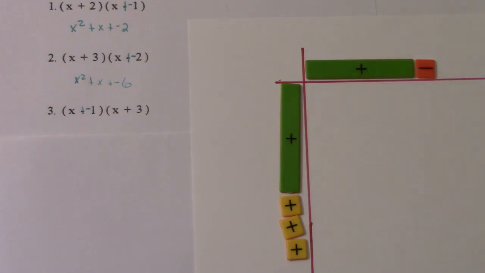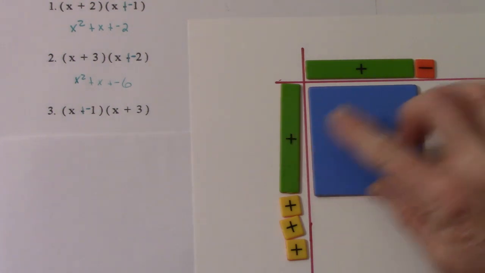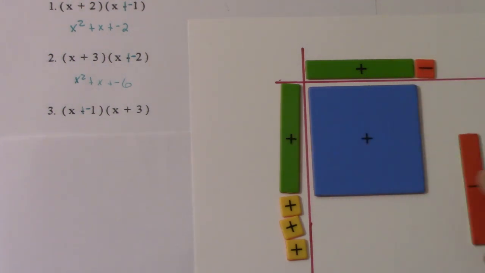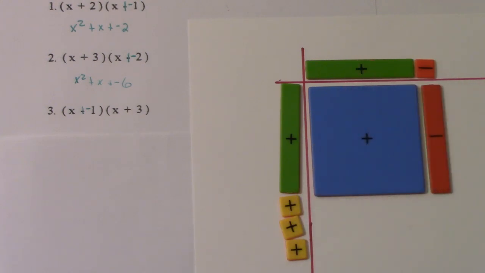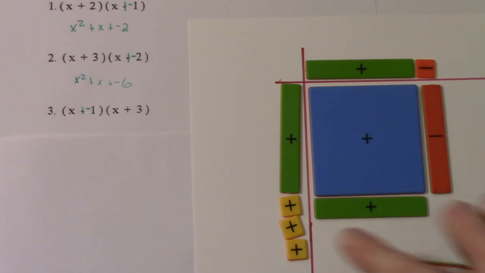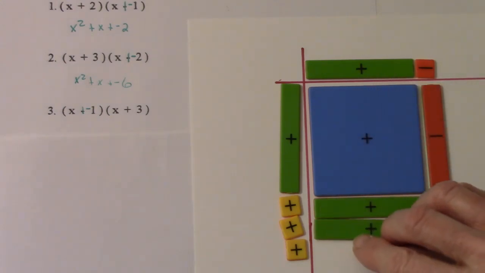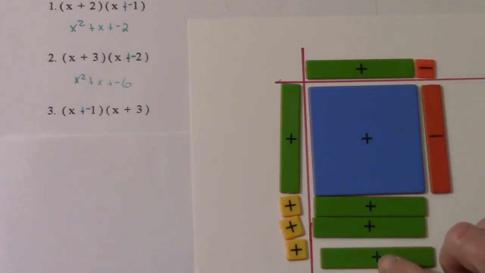And x times x is x squared. X times -1 is -x. And +1 times x is x. +1 times x is x. And a +1 times x is another x.